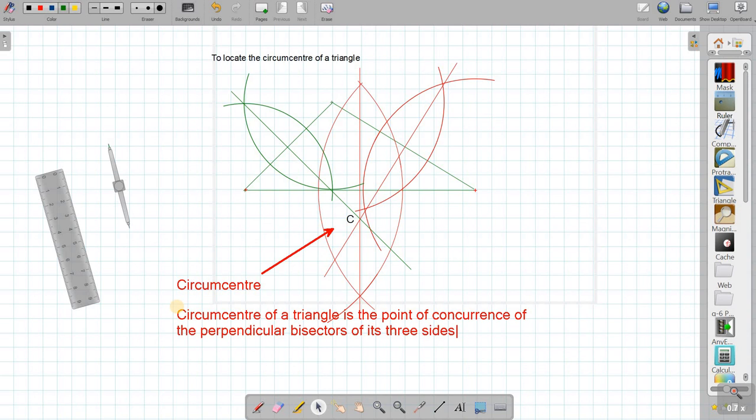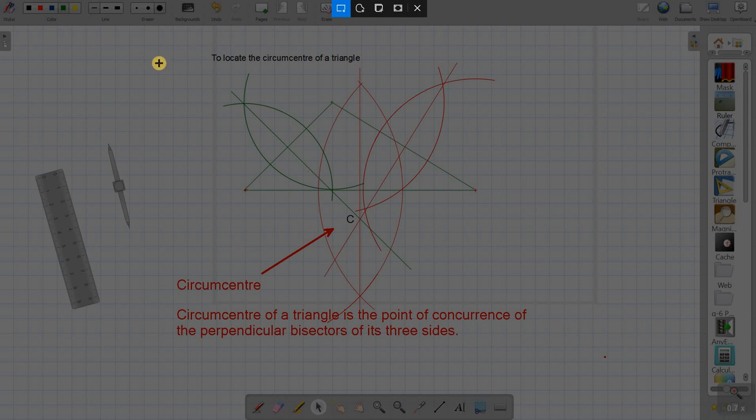You know, perpendicular bisector is basically a line which is perpendicular to the given line segment, and it divides the given line segment into two equal parts. Okay, so that is that through the compass. You have studied about it in the last year, constructing perpendicular bisectors or bisecting a line into two equal parts. So that's it.